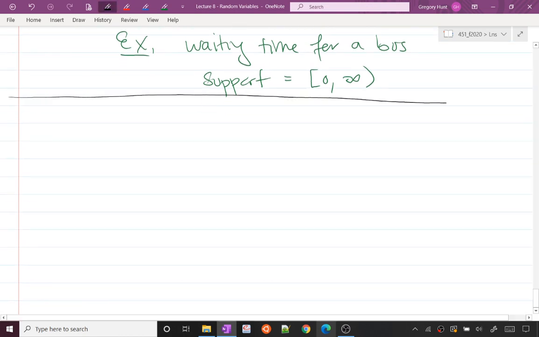So the first major facet of random variables, the first thing we can calculate from a random variable, is called the cumulative distribution function.